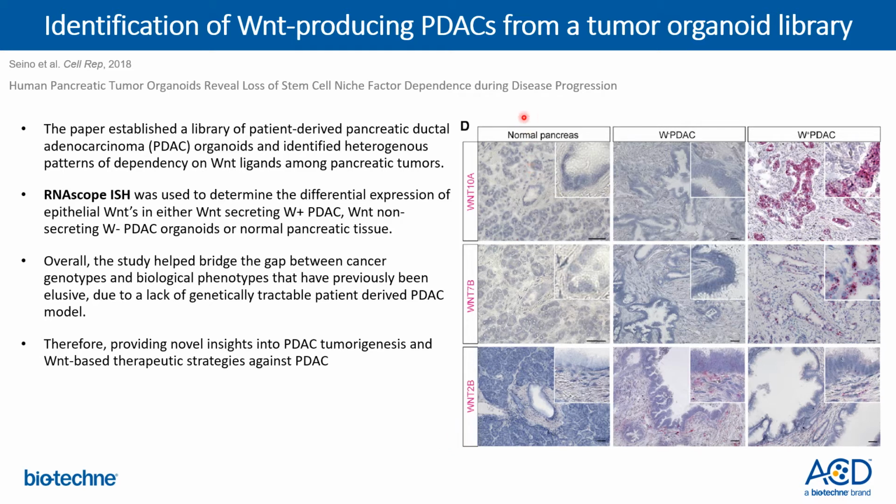And here they've compared the normal pancreas to Wnt independent and Wnt dependent tumors, and as you would expect, the expression of these Wnt ligands is significantly higher in the Wnt dependent tumors compared to the Wnt independent tumors. So there is this Wnt-based heterogeneity observed in the pancreatic tumors, and using our RNAscope assay, they were able to establish and visualize this heterogeneity in these organoid libraries.